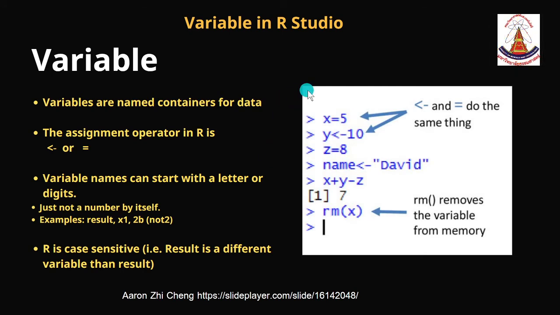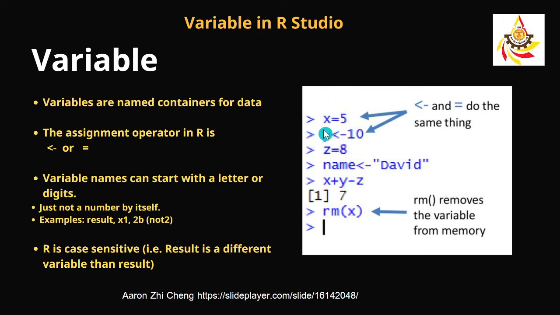Also, maybe you can put some value in a parameter. You can use the assignment operator, or equal, for example x equal 5. That means the value 5 will be input into x.